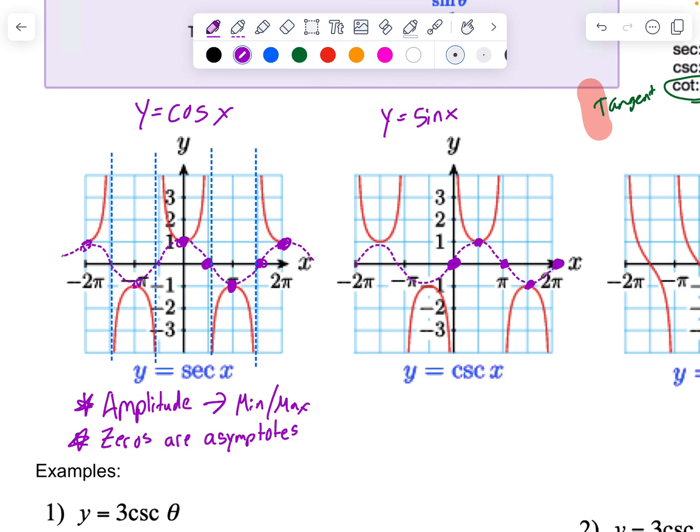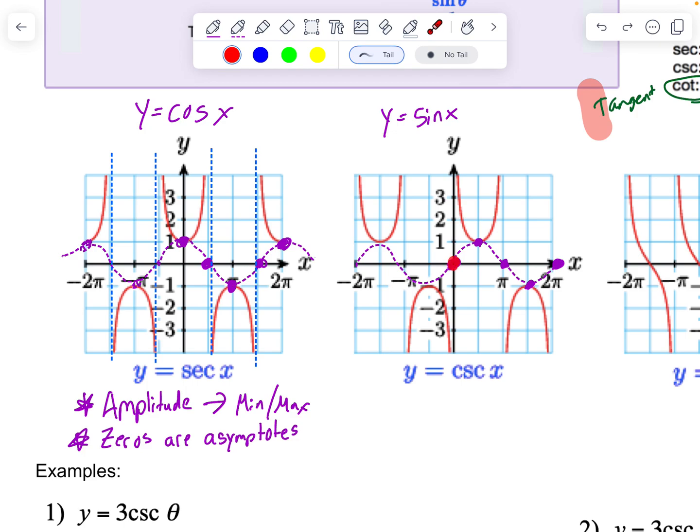So again, let's emphasize this. Your amplitude becomes your min or max. So here, this was your max, right? It was your max here, but now it became a min. Over here was a min, and now it became a max. That's where that reciprocal gets flipped. And if you think about it too, the zeros, what's the opposite of intersecting a line?